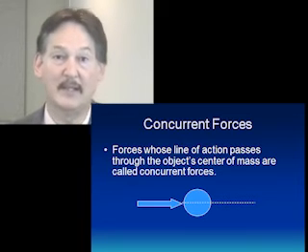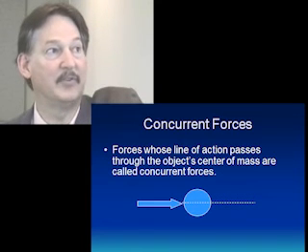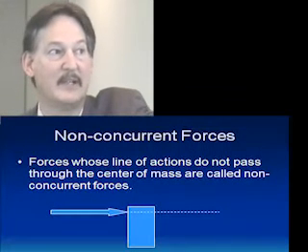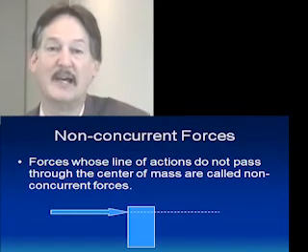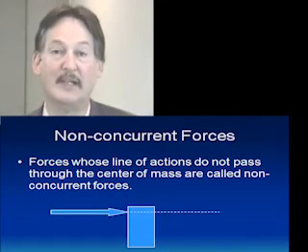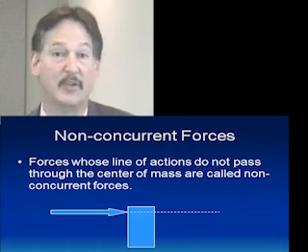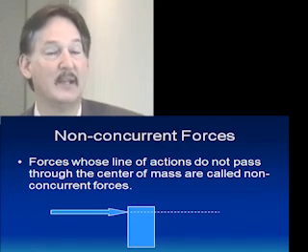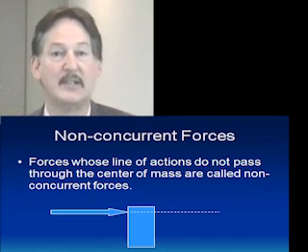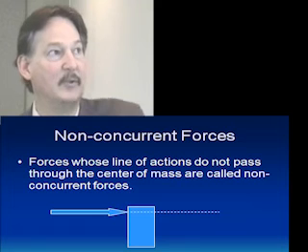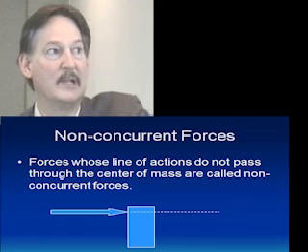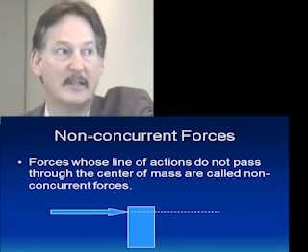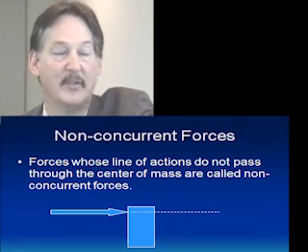Now we want to expand our analysis so we can allow this force to move away from the center of mass so that its line of action passes through a point which is not passing through the center of mass, and therefore this force will result in rotational motion. Shown in this slide is an applied force whose line of action, the dotted line, is passing through a point not at the center of mass of this object.